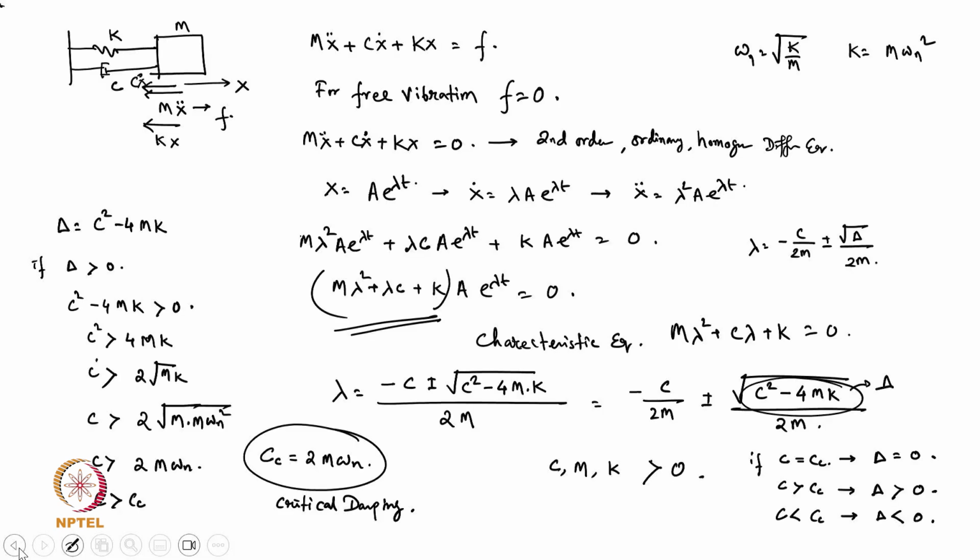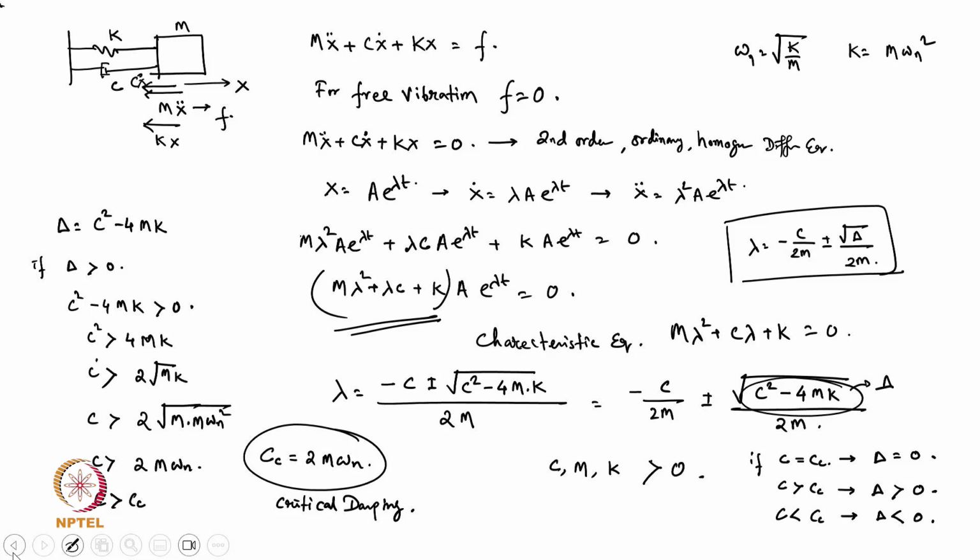So now let me write down the complete thing, so just try to remember that lambda is equal to this form. Lambda equals minus C plus or minus root delta divided by 2m.